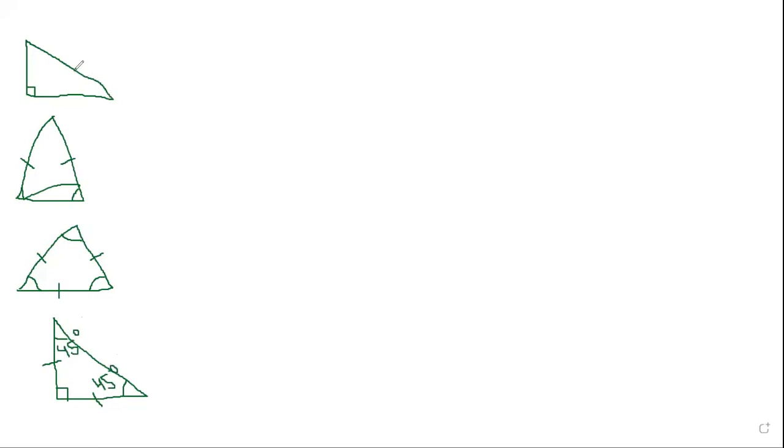So we have a right triangle, isosceles, equilateral, right isosceles, and we have also a triangle which has nothing special in it. It is called a scalene triangle. I told your friends also about a special triangle, which I didn't talk about in class before, but it's a very important triangle.